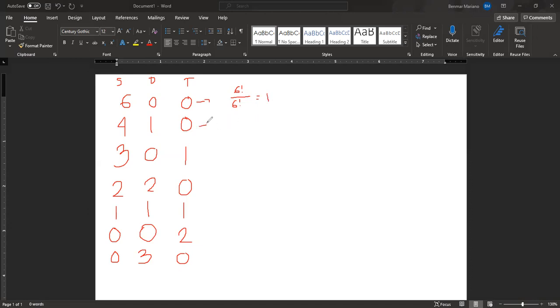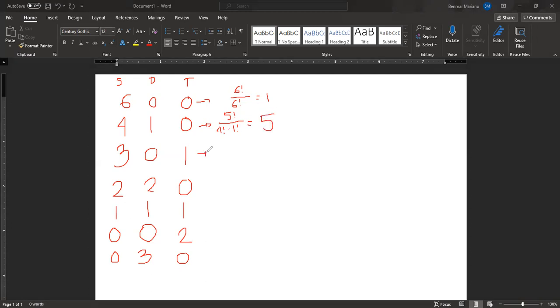Next, in here, we add the numbers. 4 plus 1, that is 5. So we will now have 5 factorial over 4 factorial times 1 factorial. And this is just simply equal to 5.